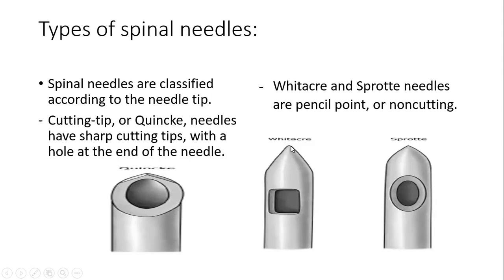Examples are the Whitacre, you can see here, or the Sprotte needles. They have a hole by the side, not at the end. For the cutting tip Quincke needle, the hole is at the end, while for the pencil point or non-cutting needles, the Whitacre and the Sprotte, the hole is at the side. You can see it here.